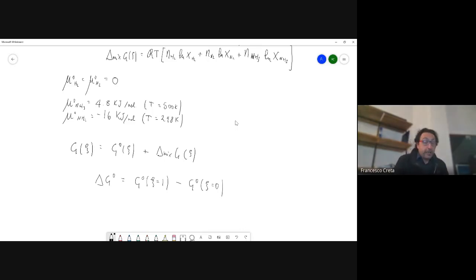So what this is, is the change in standard Gibbs energy between unmixed reactants and unmixed products.